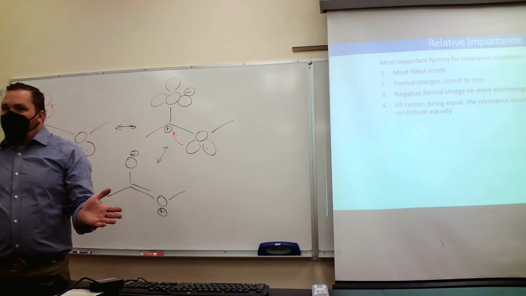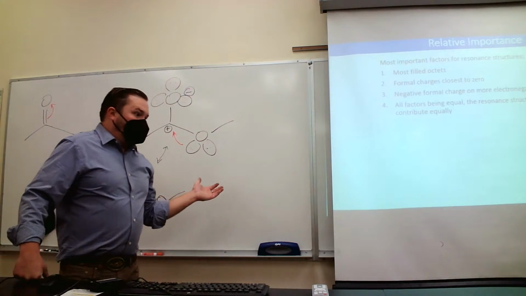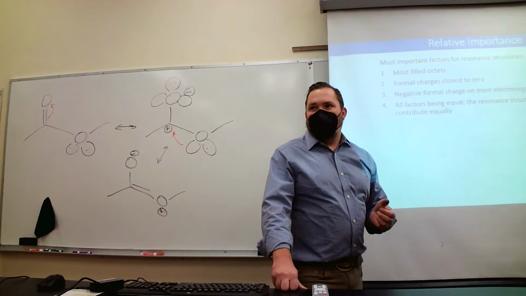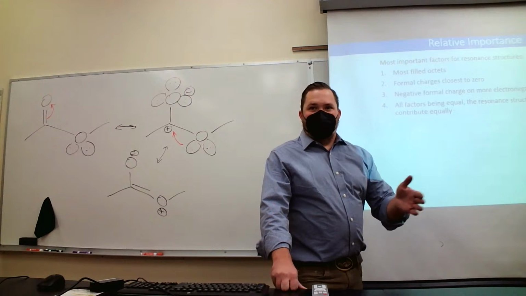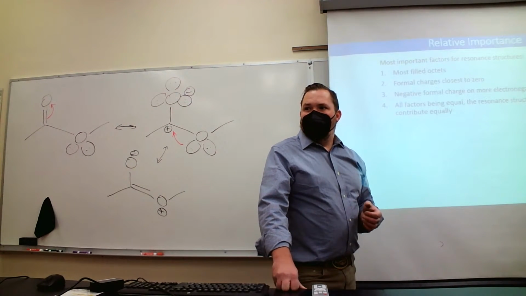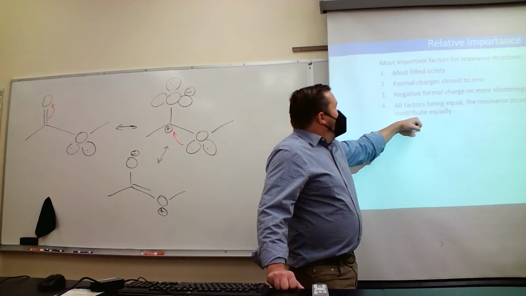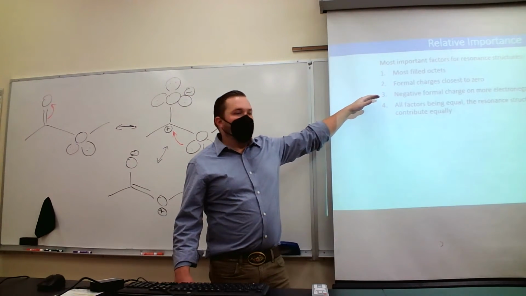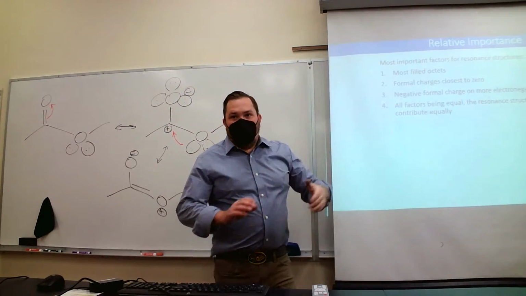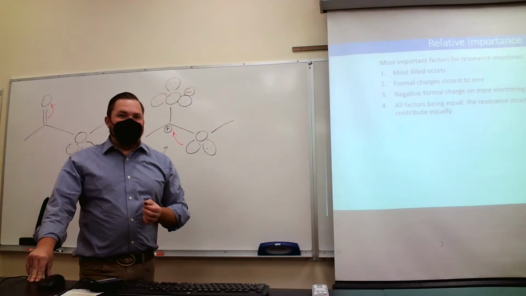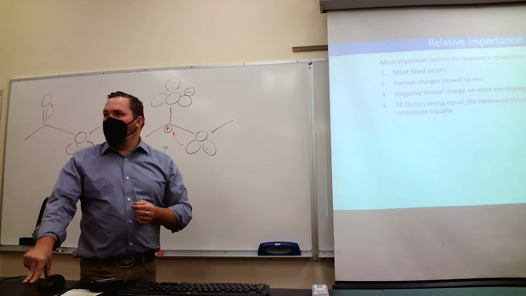Beyond that, we'll learn some more hair-splitting, like if you've got a positive charge on a carbon, tertiary versus primary versus secondary. We'll get to that in a little bit, but for now, if these first three are all identical, then we're going to say that all of the resonance structures that have those same categories are going to contribute equally.